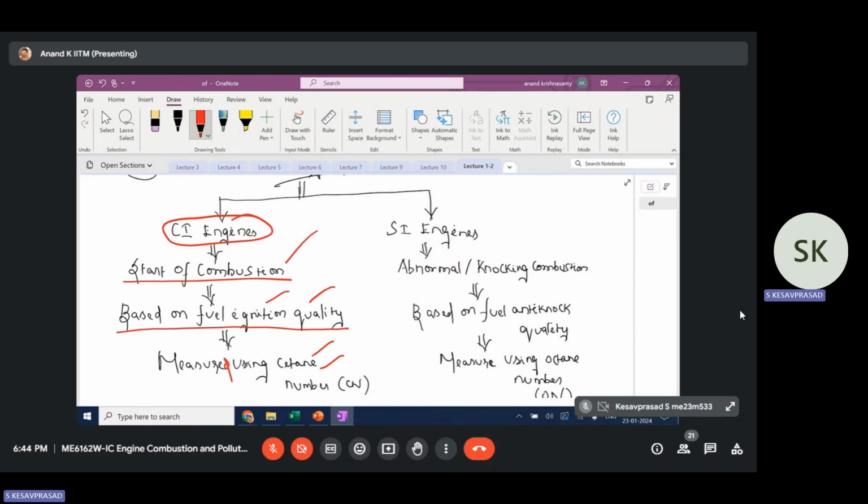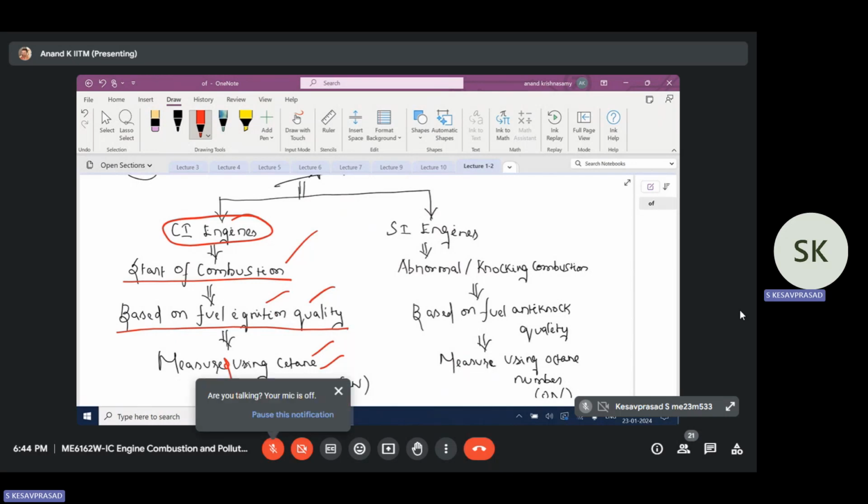What will happen after the introduction of fuel? What will happen if the fuel takes more time to start the combustion event? There will be excess fuel in the mixture, which is unburned fuel.